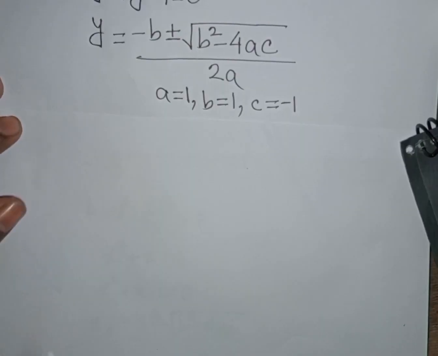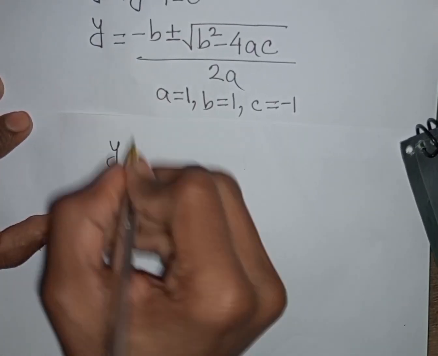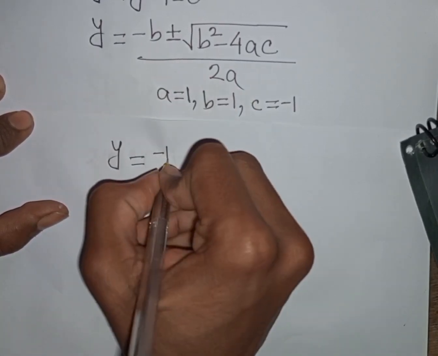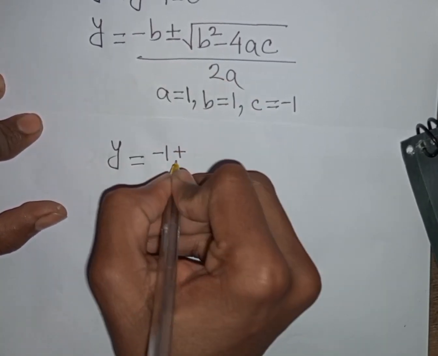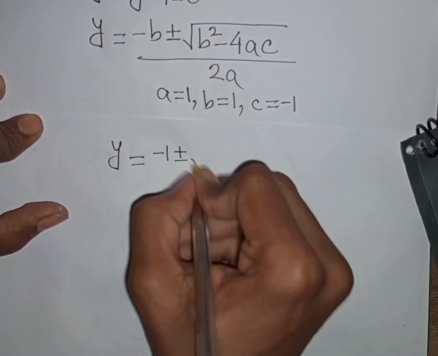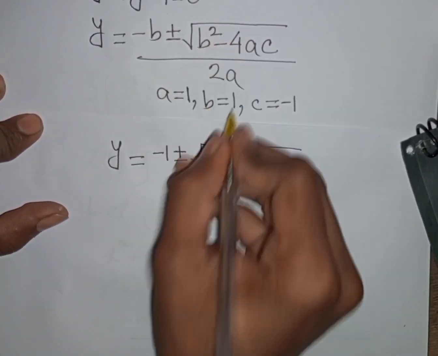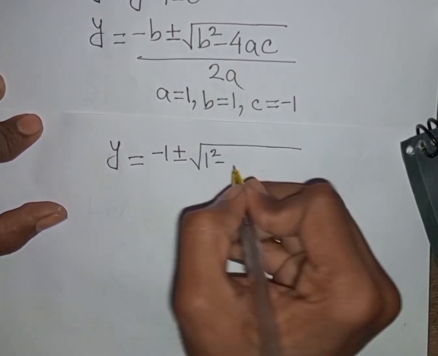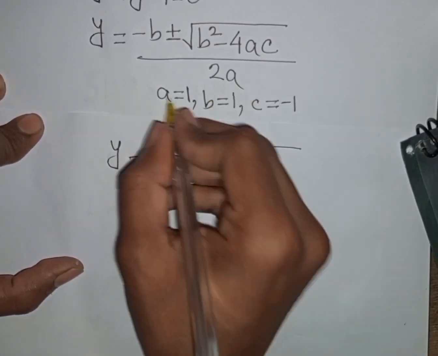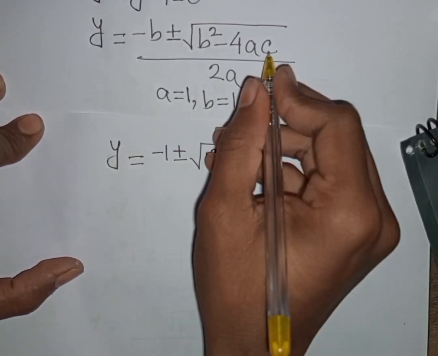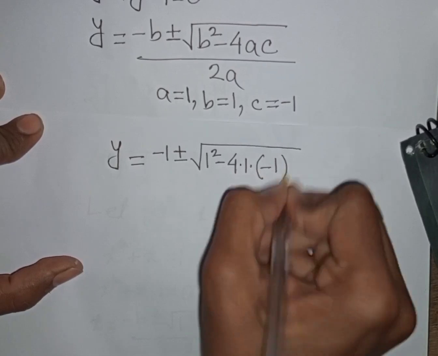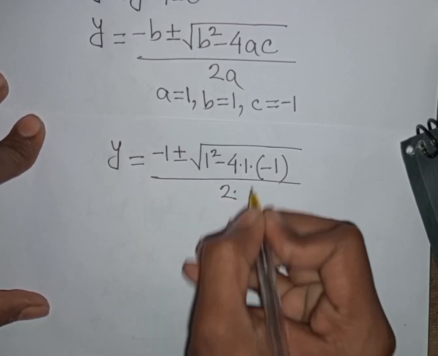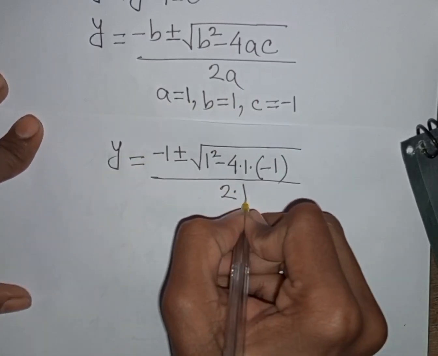Now we can write y is equal to minus b, that means minus 1, plus or minus the square root of b squared, that means 1 squared, minus 4 times a, that means 1, times c, that means negative 1, divided by 2 times a, that means 1.